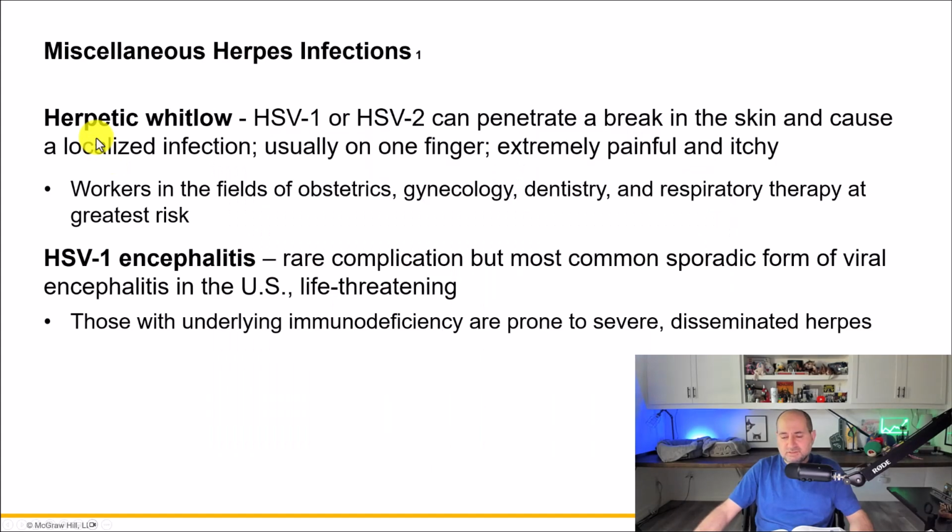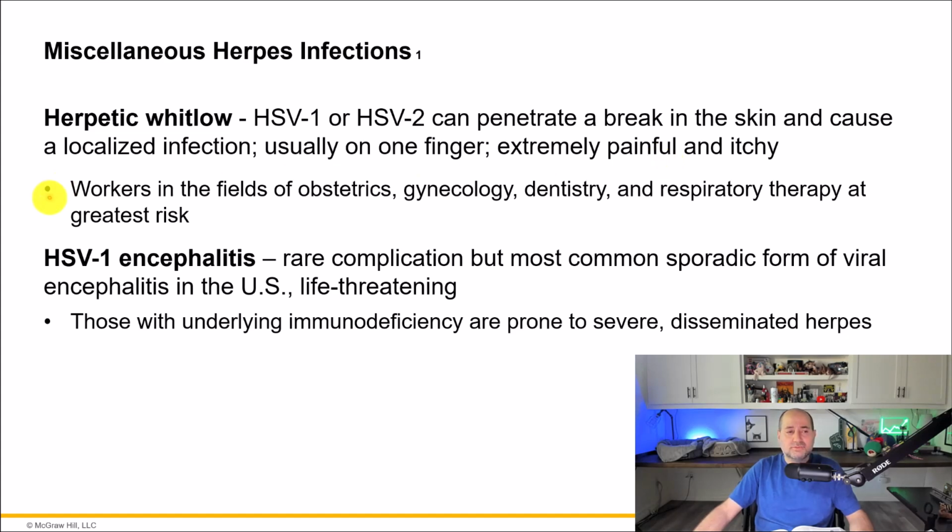Herpes infection of HSV1 and 2 can also culminate in other ways. They can show up on the fingers. This is known as herpetic whitlow, where HSV1 or HSV2 penetrate and break the skin and cause a localized infection, usually on one finger. This is extremely painful and itchy.